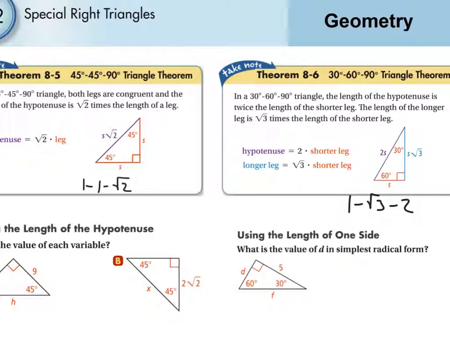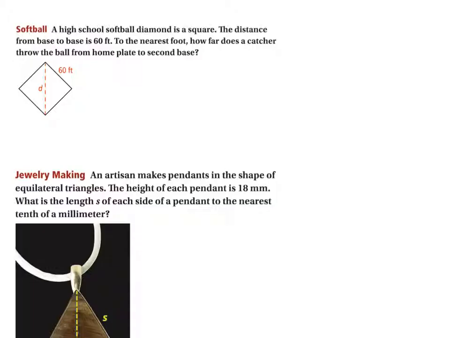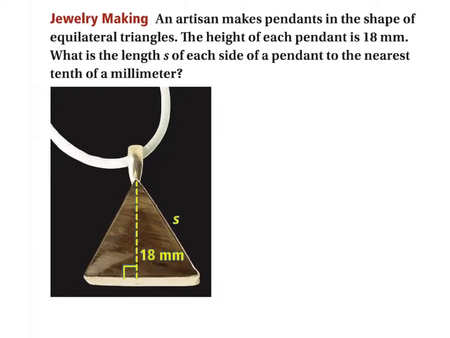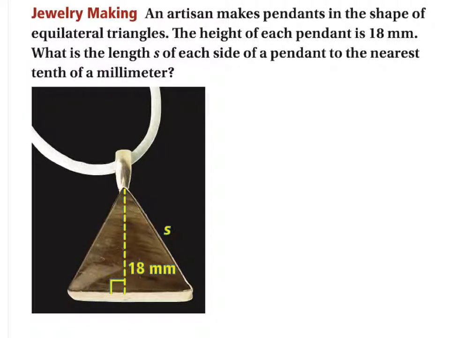Once we have these, once we've memorized these, now we want to work with these. So I want to do an example on the back of your notes here, because we did some of these on Friday already. Let's look at that last problem, that jewelry making problem, because this problem actually holds a lot of very good review for us.